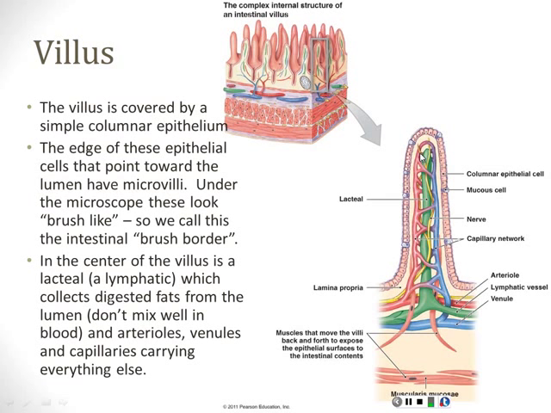And what you're looking at there is the columnar epithelial cells that make up that border. If you were to zoom in on them, they look like this. So they look a little bit like Bart Simpson, right? So they have a flat piece, that's the inside.